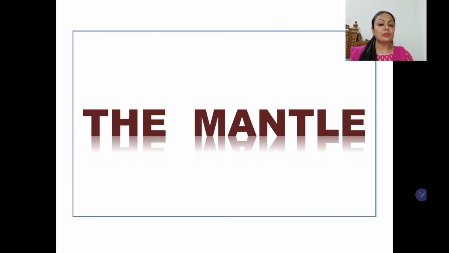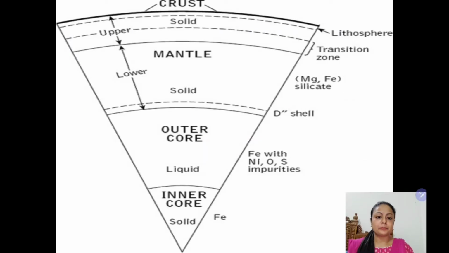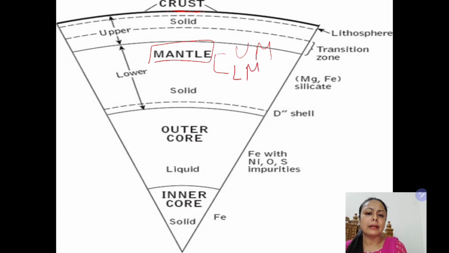Now let's move to the next layer, the middle layer of the earth, that is the mantle. Let's see the diagram. So the thinnest layer, crust, we have learnt about it. Now where is mantle exactly? So children, I told you mantle has two parts, upper mantle and lower mantle. This is the upper mantle.